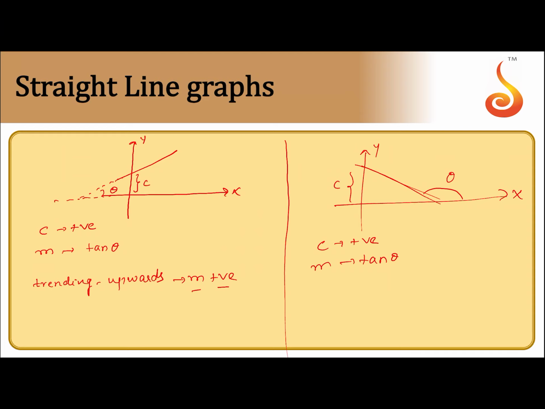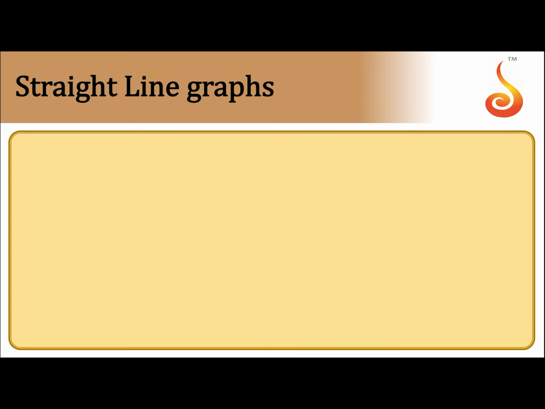So, slope is negative. Or is that graph trending upwards or downwards? It is trending downwards. That means m is negative.